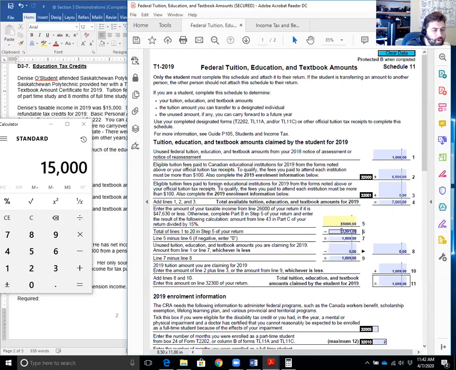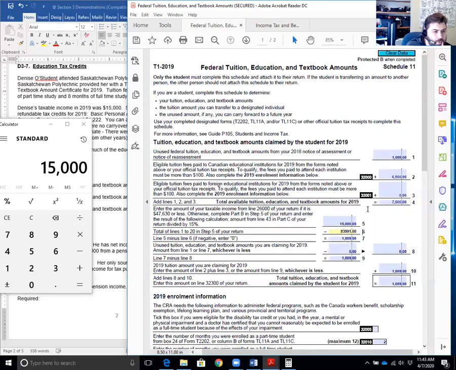Okay, this doesn't change. We put our income in, 15,000, total of lines 1 to 20 in step 5 of the return, still 13,991. And line 5 minus line 6 is 1,009. This time we're going to put in unused education and textbook amounts we're claiming for 2019, amount from line 1 or line 7, whichever is less.